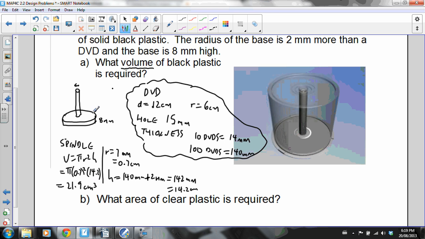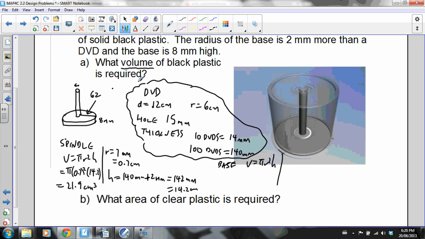We got to do the volume of the base now, but it's just a cylinder as well. And the radius, well, it says the radius of the base is 2 millimeters more than a DVD. Well, the DVD radius was 6 centimeters plus 2 more millimeters.